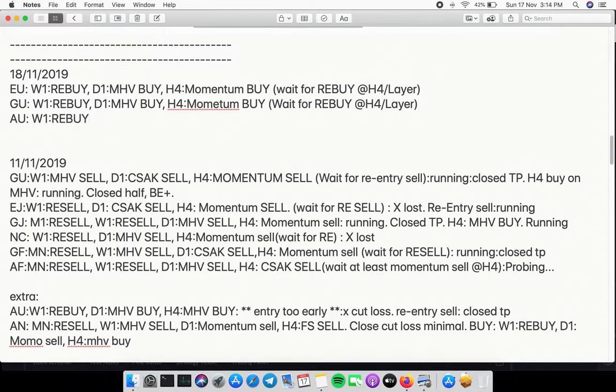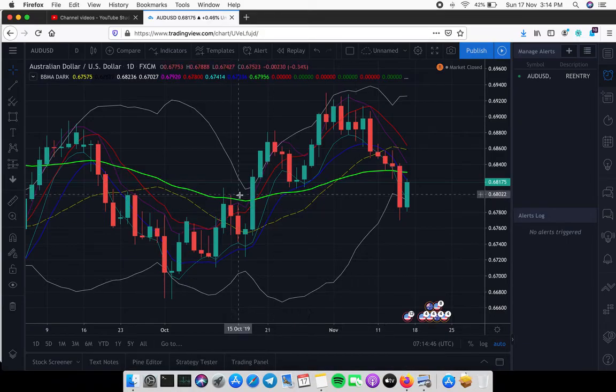No, daily is re-sell. So actually this is a momentum sell, sorry. This is a very low risk trade if it works, you know.